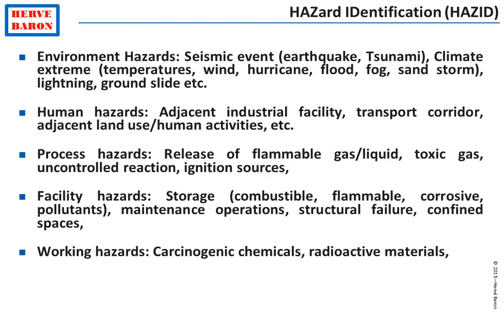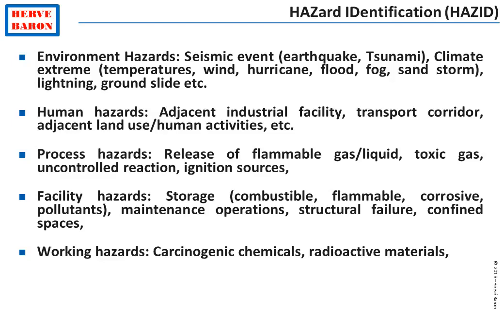All possible hazards to which a plant could be subject are reviewed using a checklist. Hazards coming from the environment due to the location of the plant, for instance, is it subject to seismic event or climate extremes? Is there any adjacent industrial facility or transport corridor?